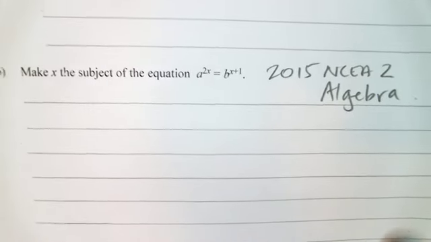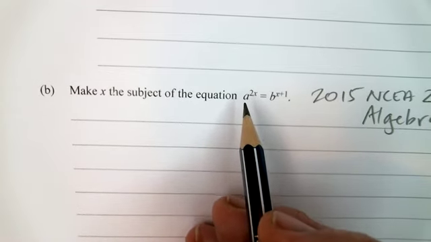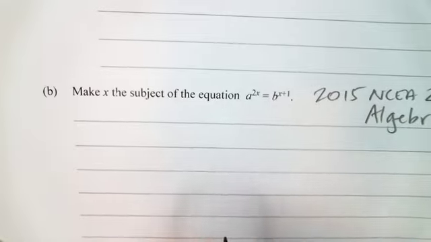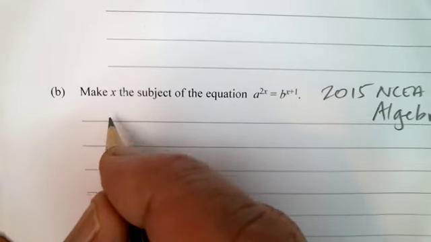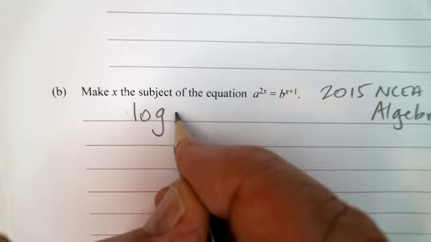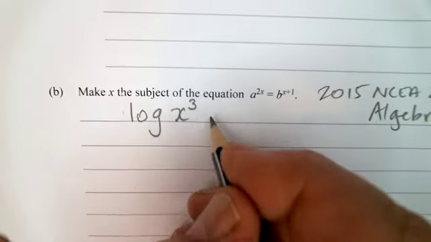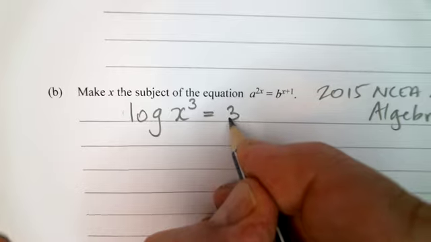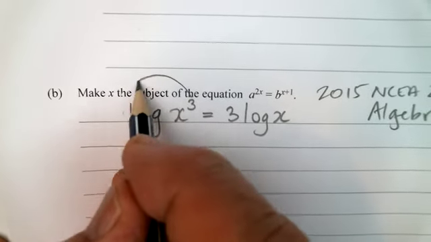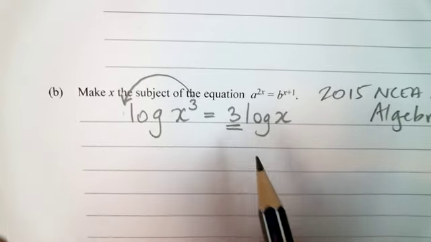Now, this works on the principle that if you've got a log of a particular variable and it has an index or a power related to it, like, for example, the log of x to the power of 3, we could rewrite that as 3 log x. In other words, the indice becomes the coefficient of the logarithm.